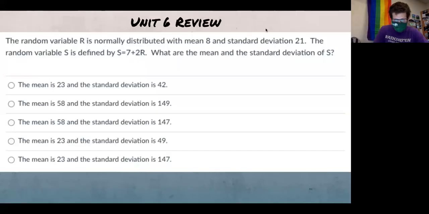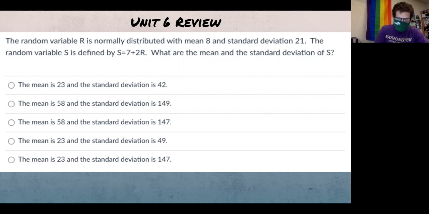In this problem, what we want to remember is that when we are transforming our random variables, the mean is affected by addition, subtraction, and multiplying, but the standard deviation is only affected by multiplying. Addition doesn't change your standard deviation.